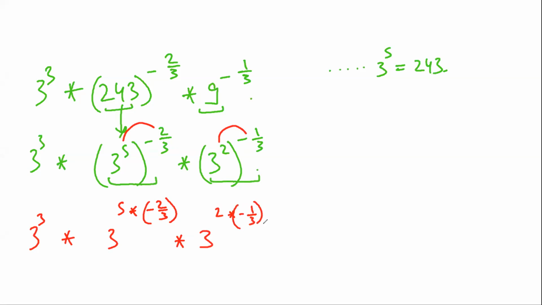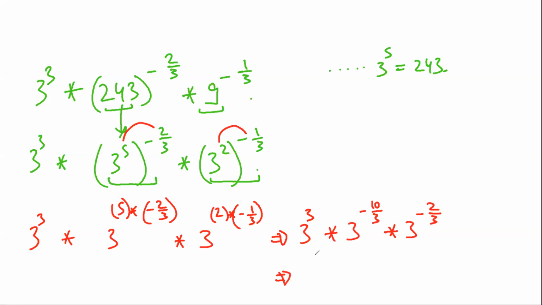I hope you understand. This would be equal to 3 cube into 3 raised to, if I multiply these two numbers, minus 10 upon 3. And if I multiply these two numbers, 2 into minus 1 by 3, I get 3 raised to power minus 2 by 3.